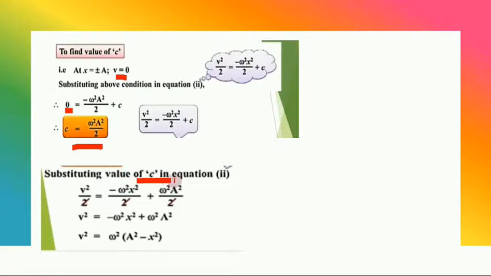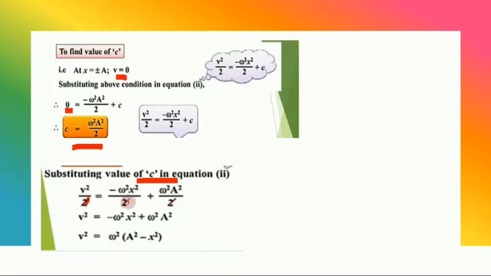So by putting this value, x equal to plus minus a when v is equal to 0, we will get v is equal to 0 when x has the value of a. As it is x square, we will get a square only. So the answer will be minus omega square a square divided by 2 plus c, from where we get the value c is equal to omega square a square divided by 2. Now substituting this value of c in the equation, we get v square by 2 is equal to minus omega square x square by 2 plus omega square a square by 2.